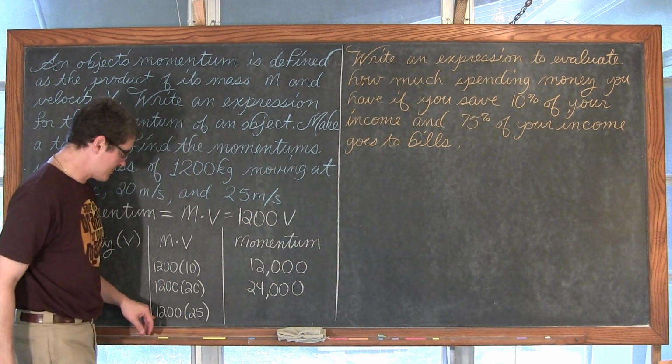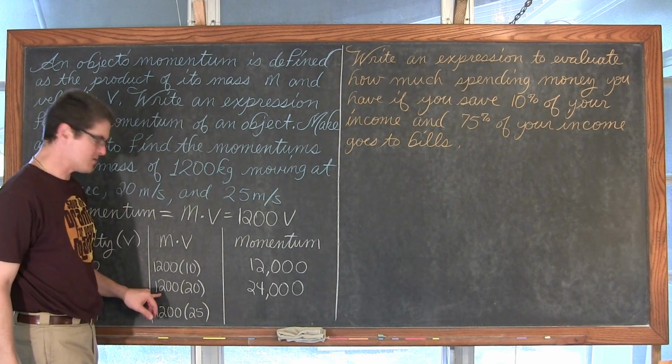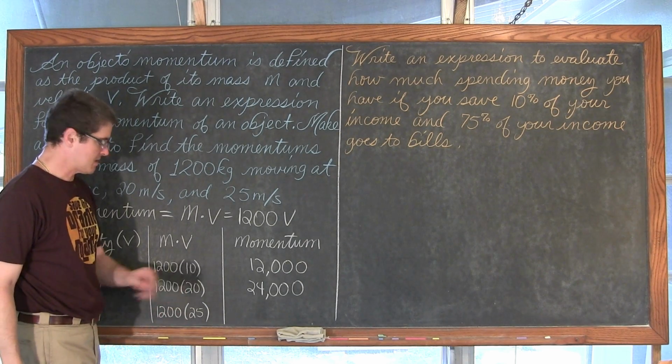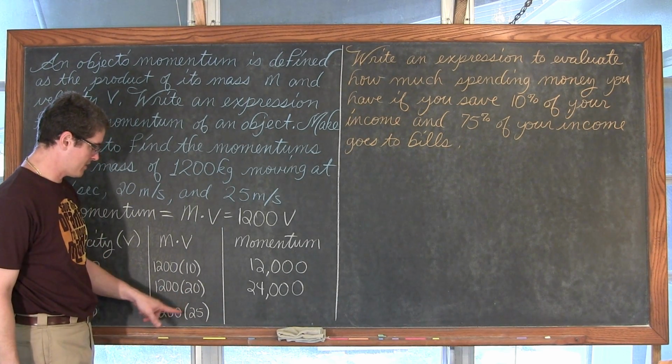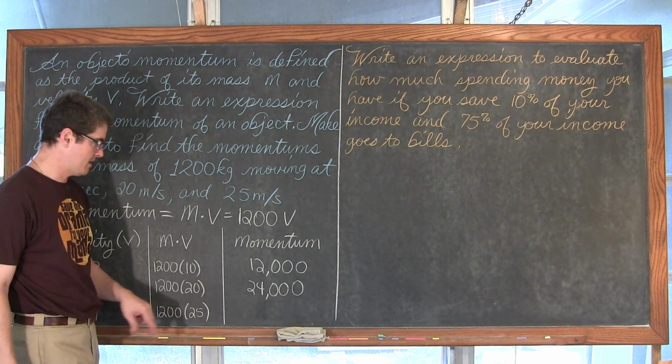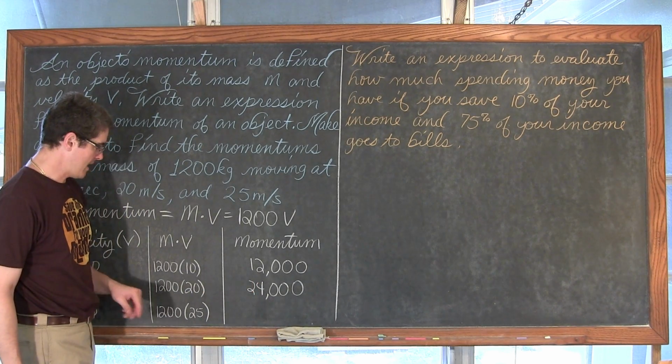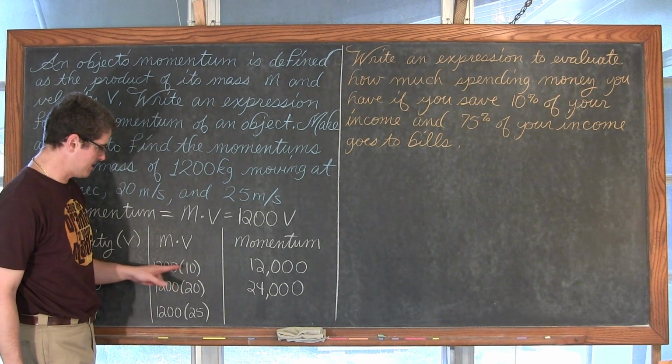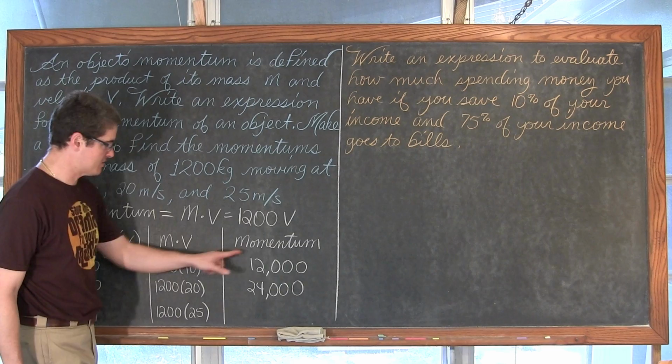And then finally we have 1,200, did I say 12,000 up here? 1,200 times 25. Well, we already know that 1,200 times 20 is 24,000, and we know that 10 times 1,200 is 12,000.